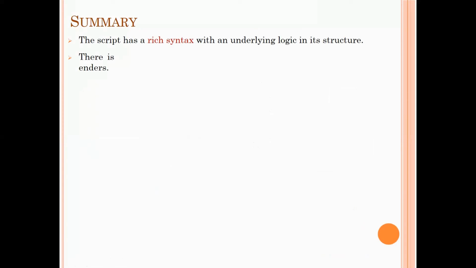So to summarize, the following can be said about the structure of Indus writing. The script has a rich syntax with an underlying logic in its structure. There is a significant asymmetry in the usage of text beginners and text enders.